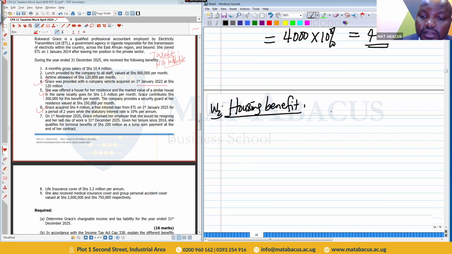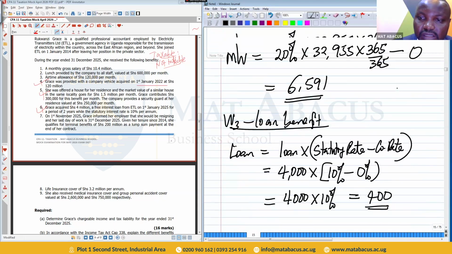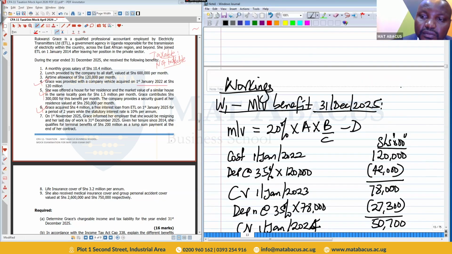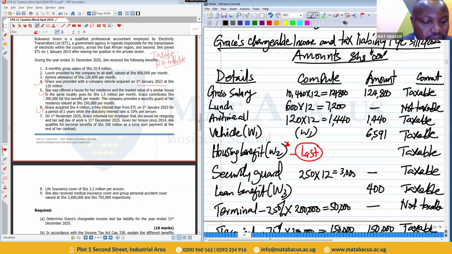So housing benefit, we first get the chargeable income. So we first add the chargeable income. What is the chargeable income? Before considering the housing benefit. So we first add the ones we have without considering the housing benefit. So we add them.